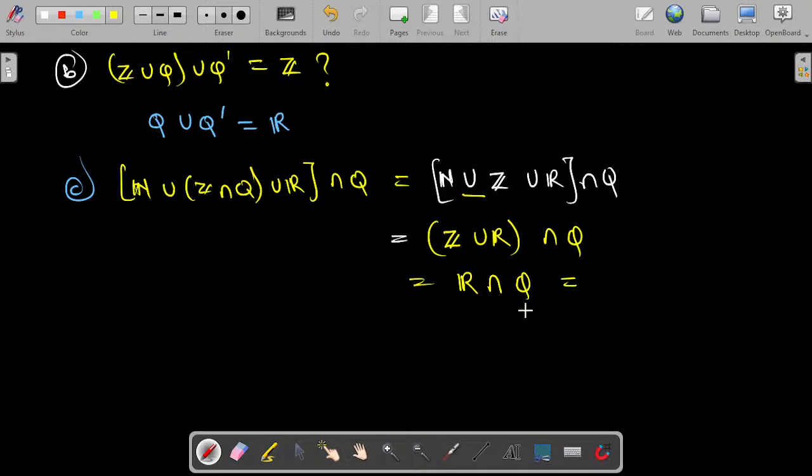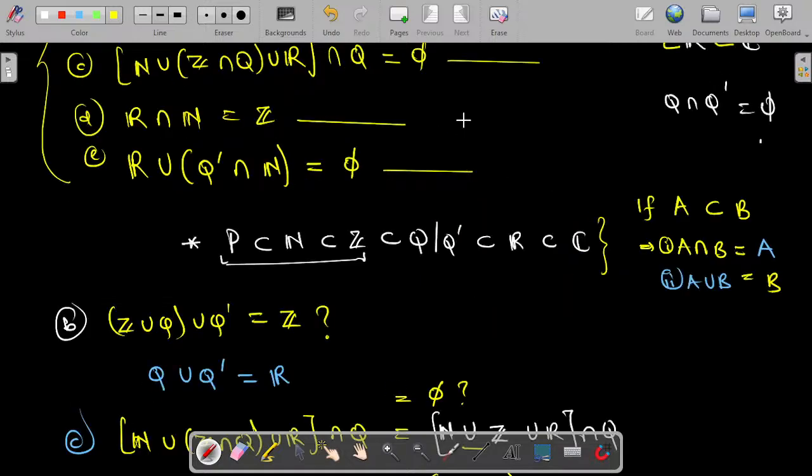And so this is going to be equal to Q. And the question said that it is empty, so that means it is not true. So this is also false.